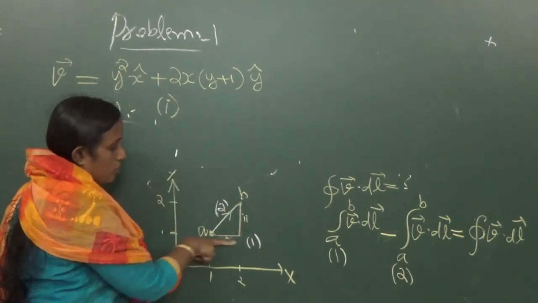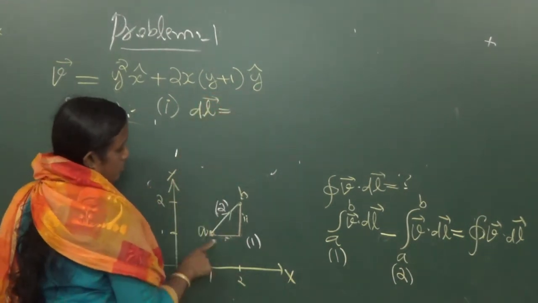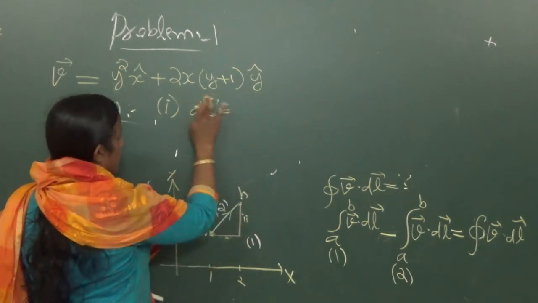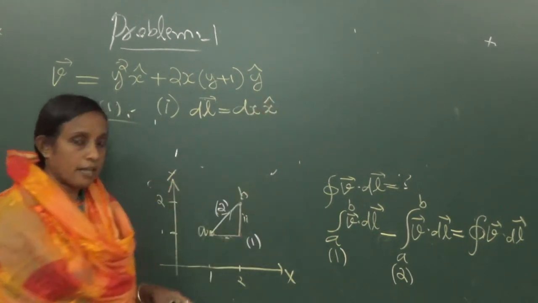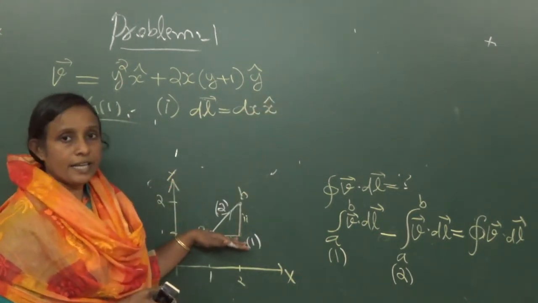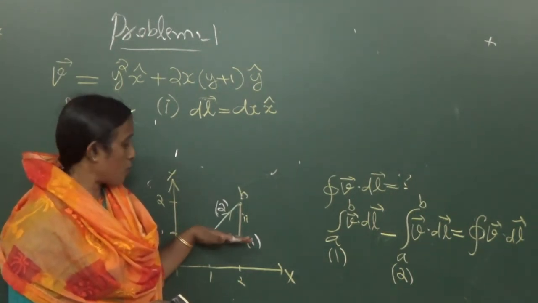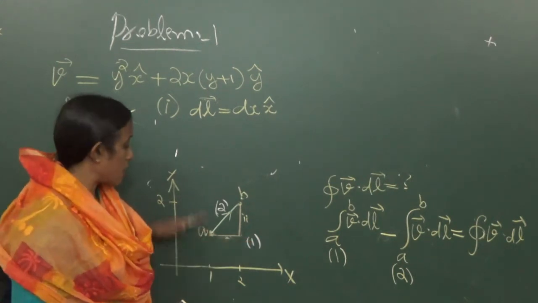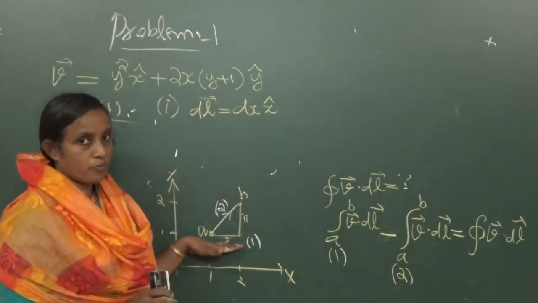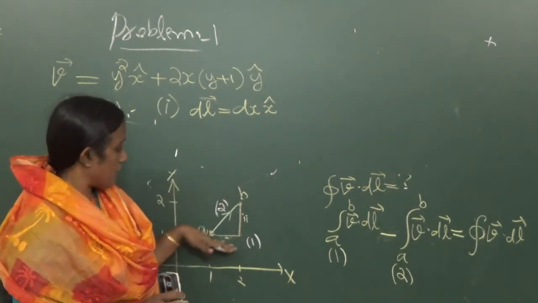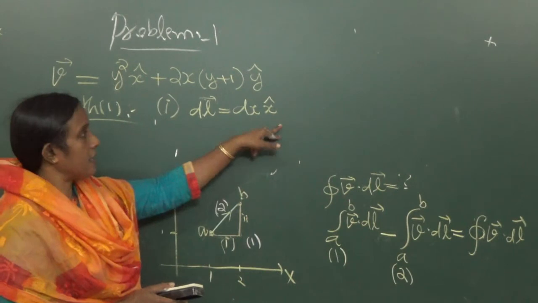Along this line, what is dl? dl equals dx x cap, because this is parallel to the x axis, along the x direction. So dy equals 0. We already found that this is lying in the xy plane, so there is no dz; dz is also 0.